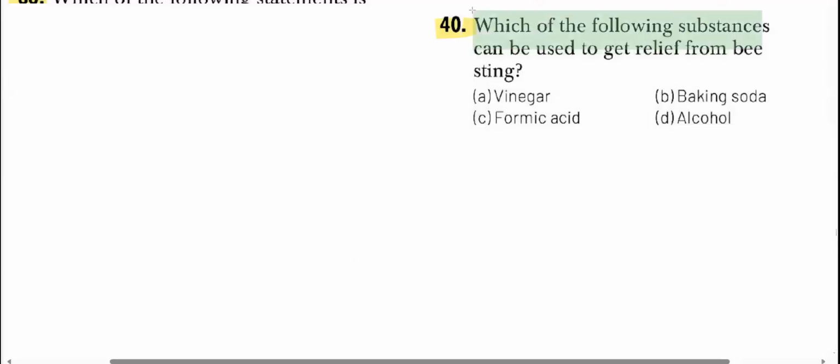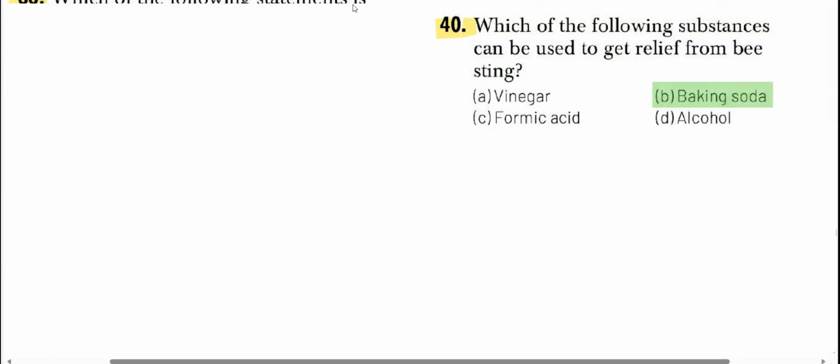It says, which of the following substances can be used to get relief from a bee sting? Bees inject an acid called formic acid, also known as methanoic acid, and to get relief, we should apply a mild base. Clearly, baking soda is the only mild base.